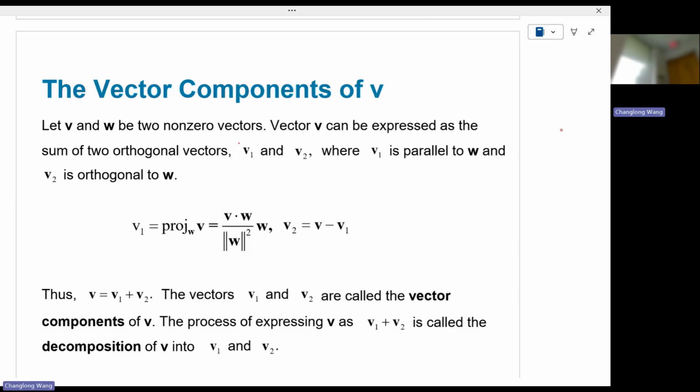And they will say V1 is parallel to W. But of course, because V1 is the projection of V onto W, it has to be in the direction of W. That's why V1 is parallel to W. Now, they want to find another component of the V, which is not parallel to W.